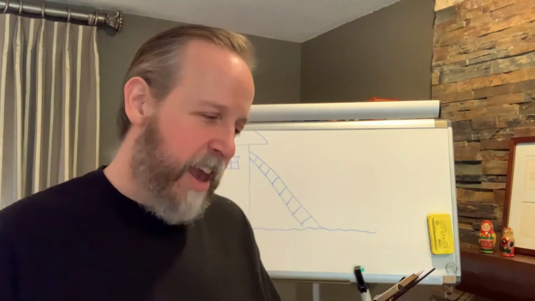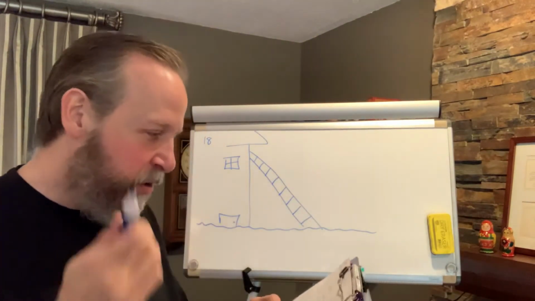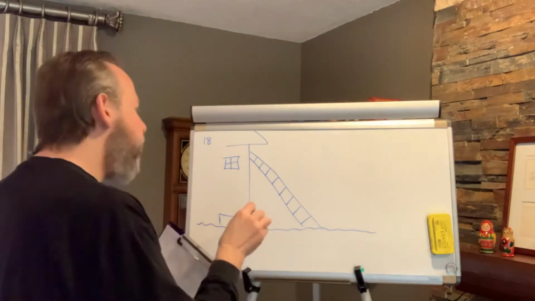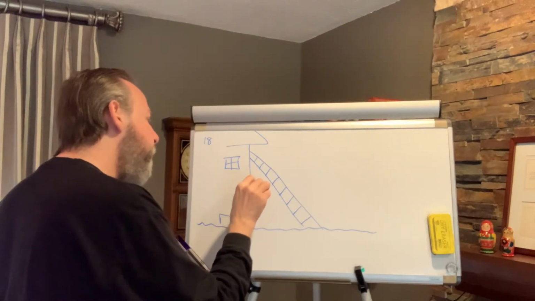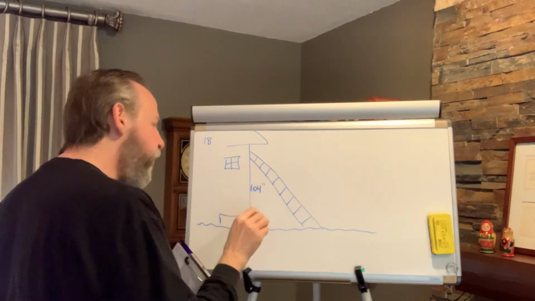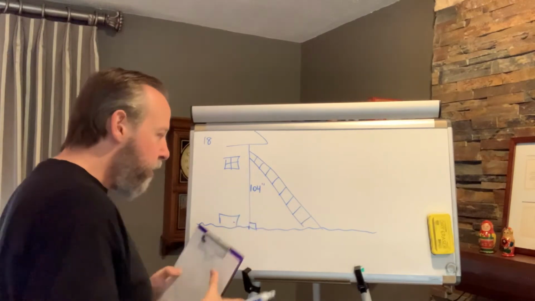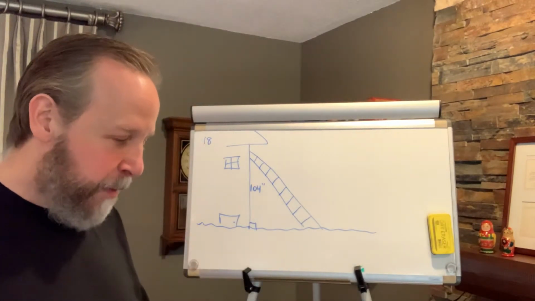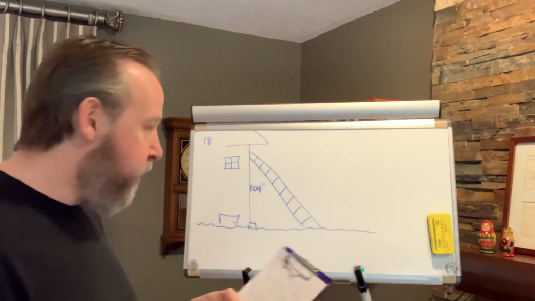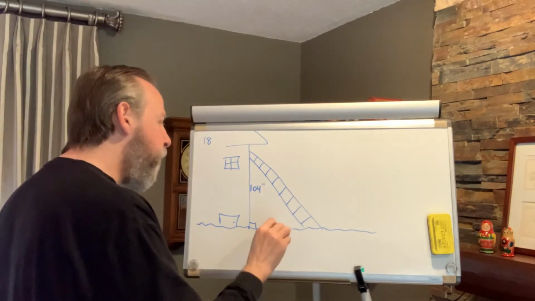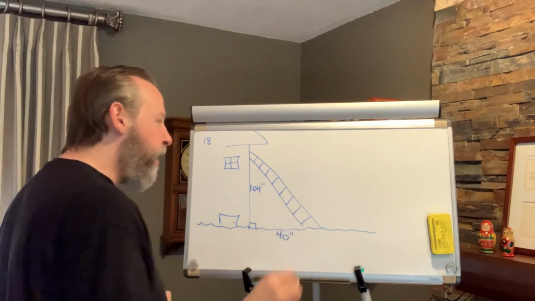Tells you that the ladder is hitting the house at 104 inches. I think it's inches. But this is 104 right here. This is a right angle to the ground, unless you have some bad landscaping. And it also tells you that the ladder's base is 40 inches away from the house.